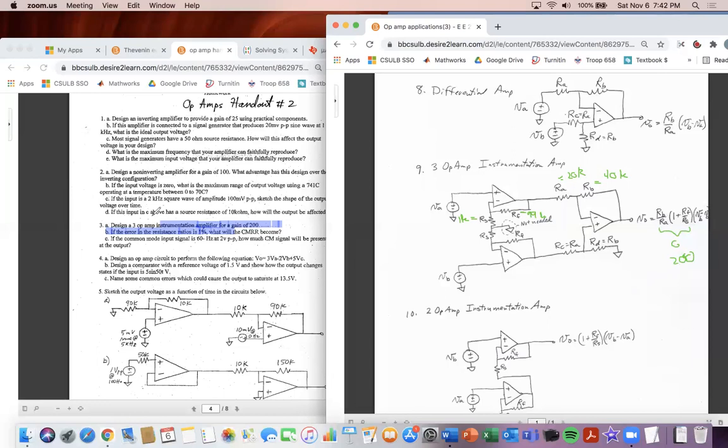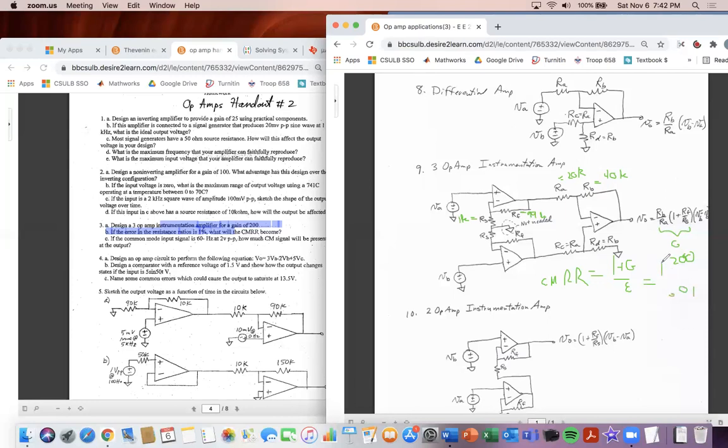If the error in the resistance ratios is 1%, what will the CMRR become? CMRR, one equation you have to know, he went over this last lecture, is 1 plus the gain over the error in the resistor ratios. And so if we know this is 1% down here, we can say in decimal form, that's 0.01.